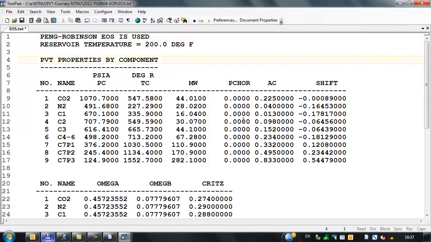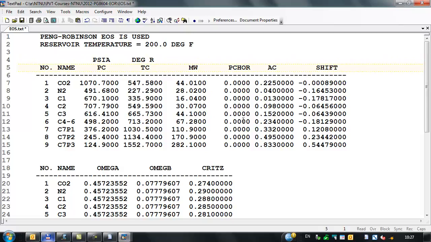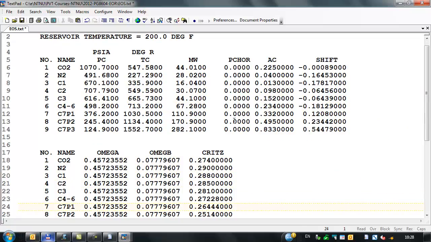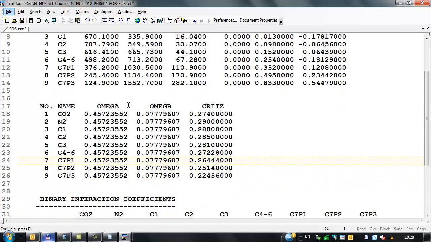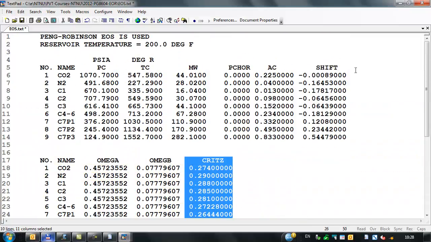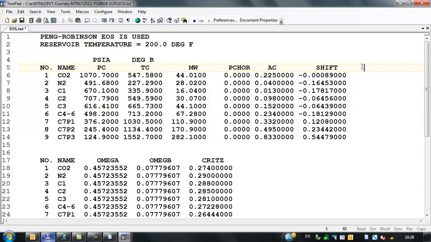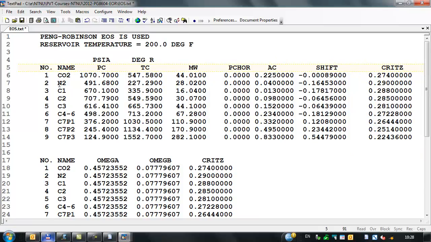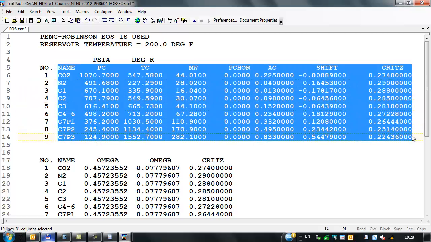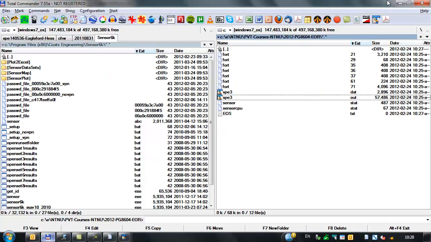I'm going to bring these into Excel to make this a little easier. We don't need the omega A and B's, but we do need these here. I'll put this up in the same place, and then we can bring those numbers in. I'll do it in Excel.